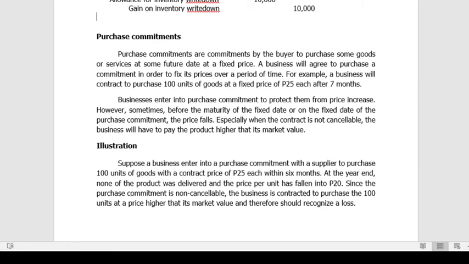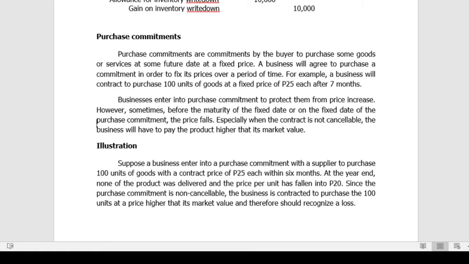So, may possibility na if ikaw ang entity, malamang pinag-aralan mo na in the future there is a probability that the prices will increase. So, pumapasok ka sa purchase commitment para kung magkano yung presyo ngayon, yun na yung magiging presyo when you buy it after a certain period. So, yun yung concept ng purchase commitments.